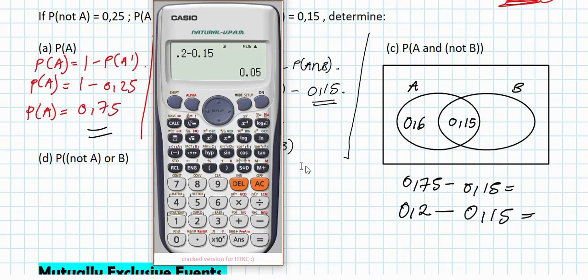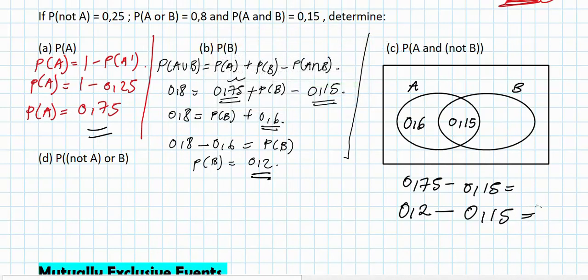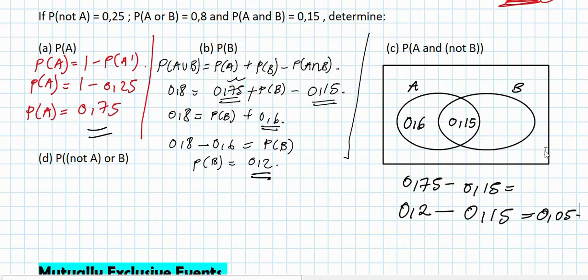What is that? 0.05. So I have 0.05 right there. Sorry for that guys, my calculator is acting up. So now the value for B only is 0.05, right?